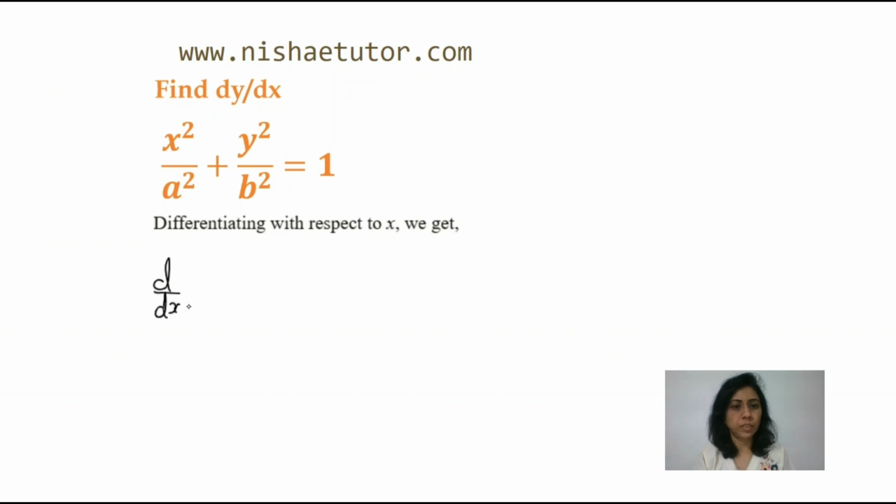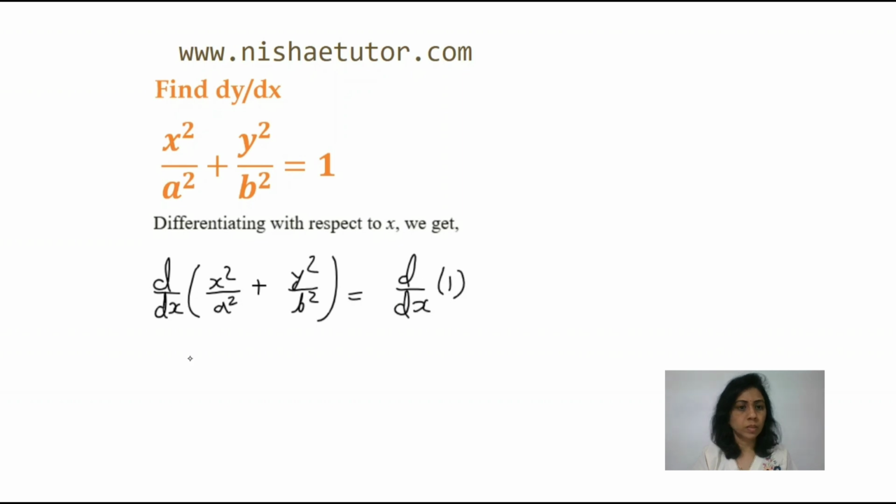So d upon dx, x square upon a square plus y square upon b square is equal to d upon dx of 1.